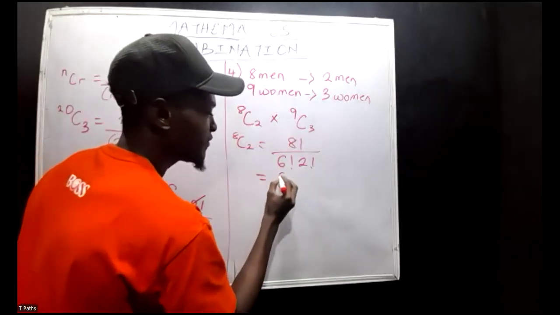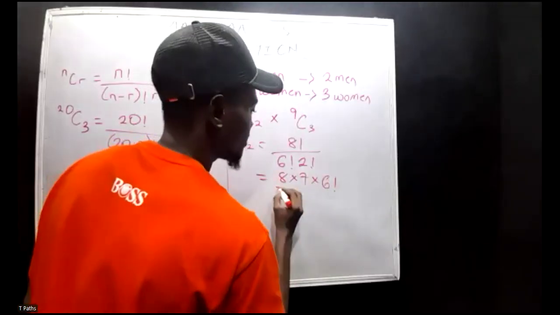Breaking this down further, we have 8 times 7 times 6 factorial divided by 6 factorial, over 2 factorial. 2 factorial is 2, so 4 times 7, which is 28. So for the men we have 28, and now we calculate for the women part.